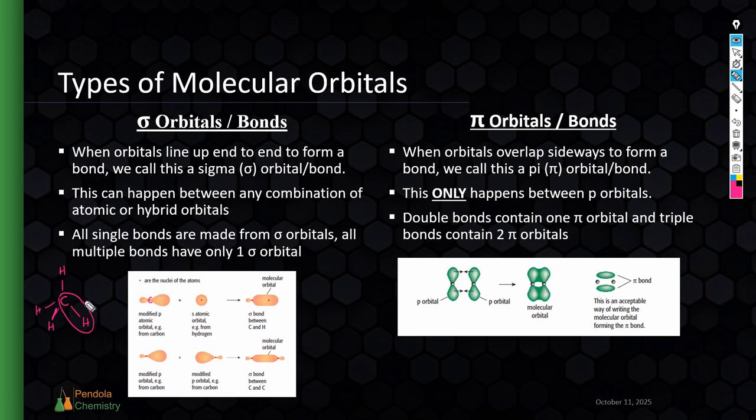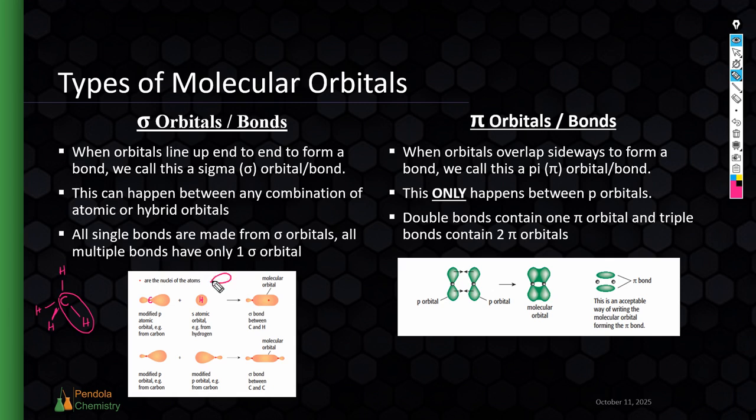So that carbon now has four hybrid orbitals pointing in different directions. We'll look at one. And then the hydrogen on the other side only has an s orbital because hydrogen does not undergo hybridization. So the hybrid orbital from the carbon and the s orbital from the hydrogen are going to overlap.